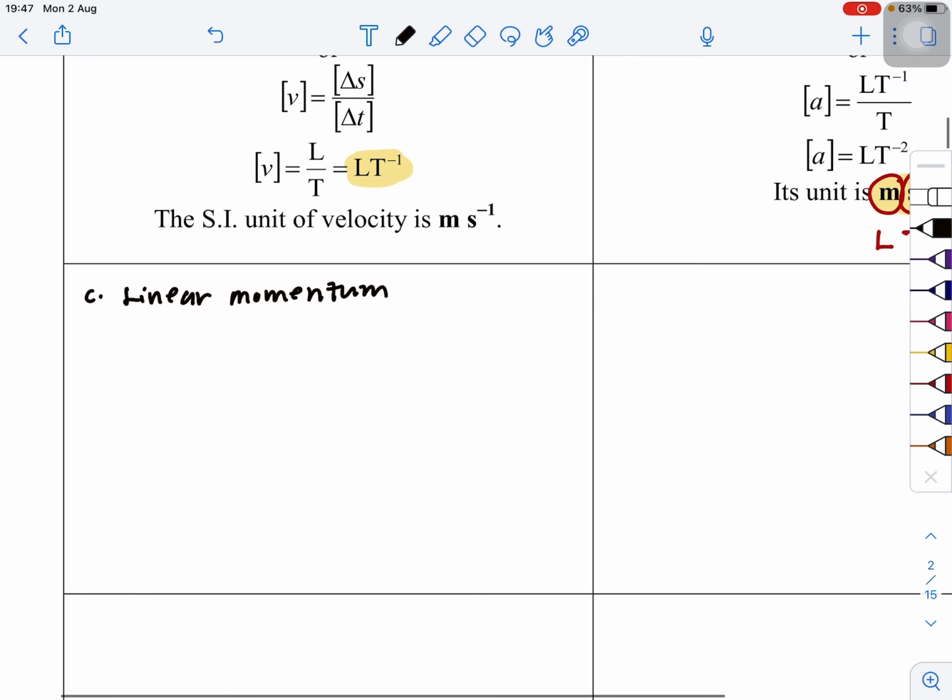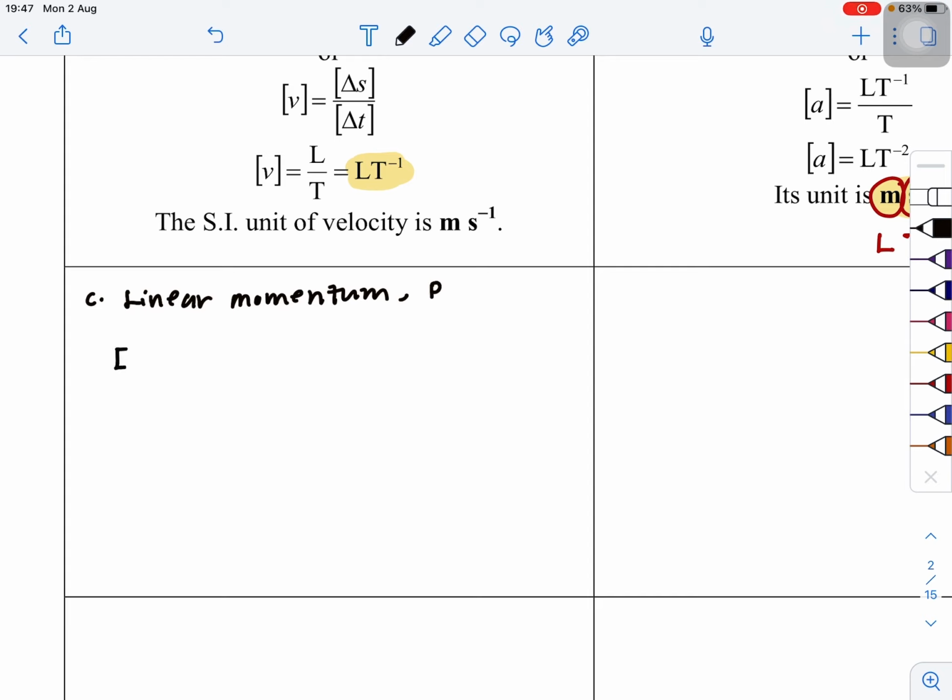Okay, so formula for momentum, usually momentum kita letak dalam simbol P. So formula for momentum is equal to mass times with velocity. So we always start with the formula and then mesti letak dalam bracket.